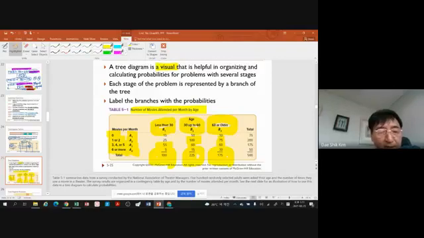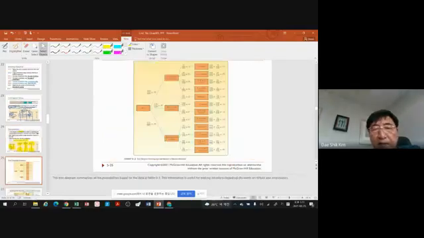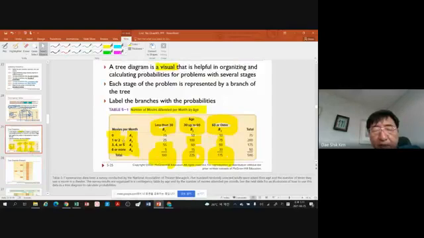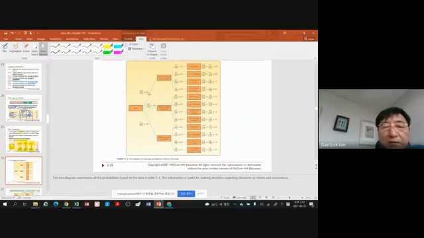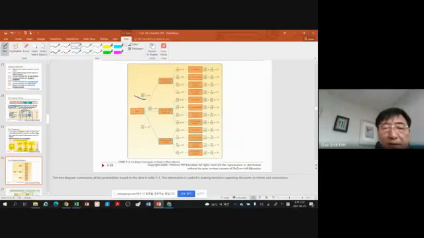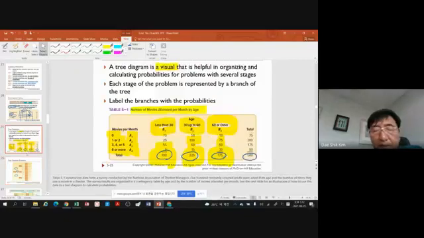When you prepare a tree diagram like this, the first step is we divide by age first. Let's say among 500, 100 is less than 30, 30 to 60 is 225, and more than 60 is 175.